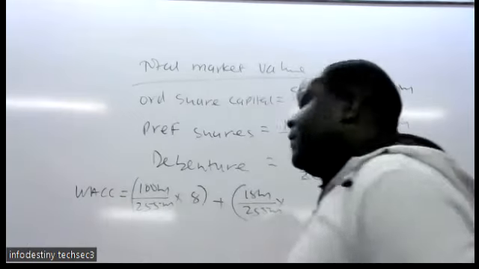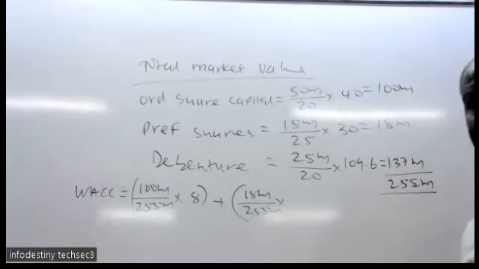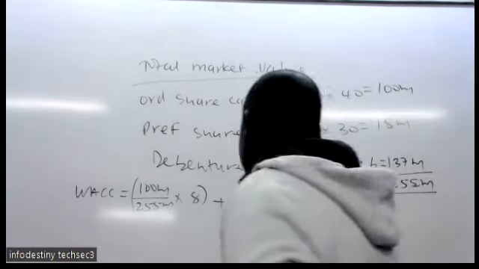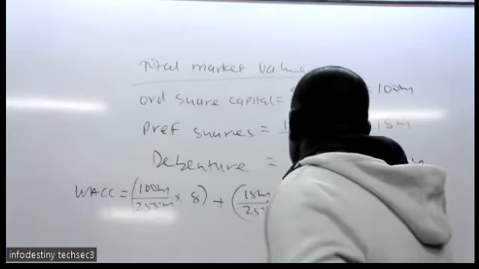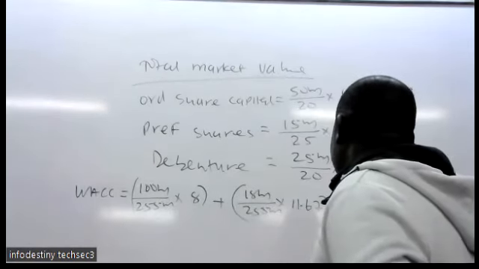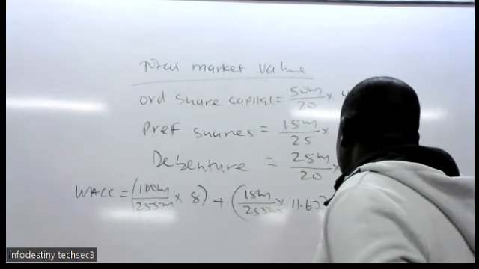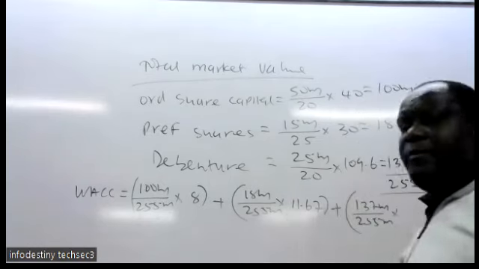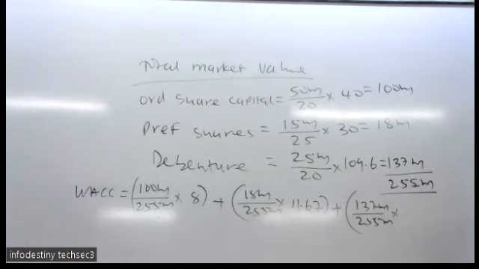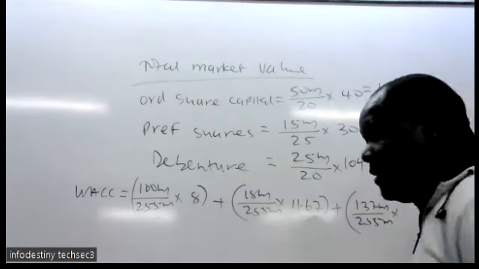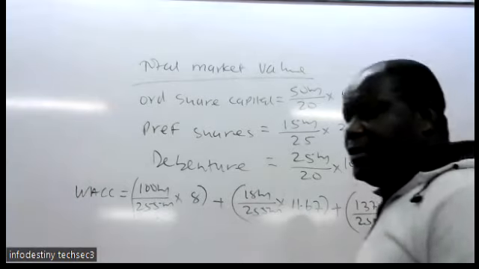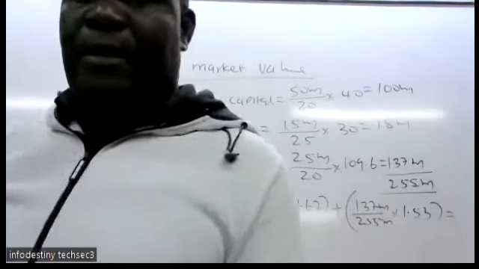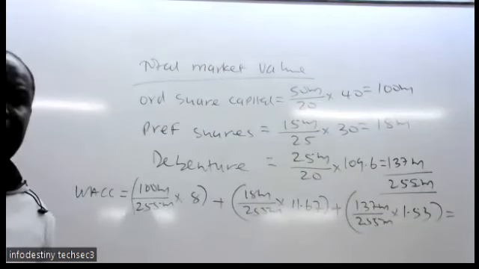What is the cost of the preference share? And finally, what is the cost of the debenture? 1.53. So you combine them together, and it will give you the WACC.